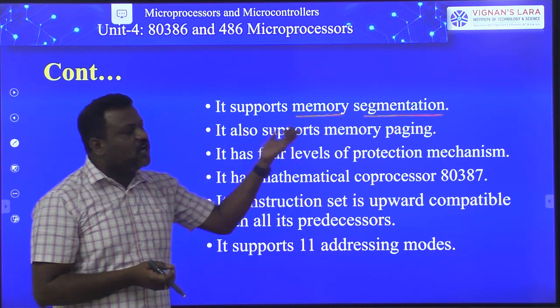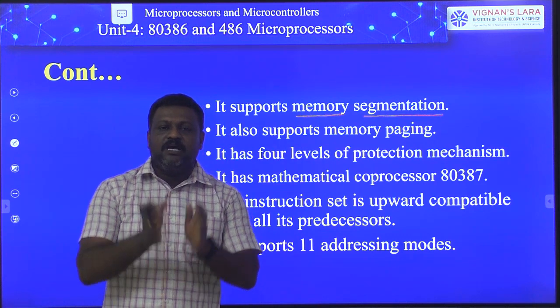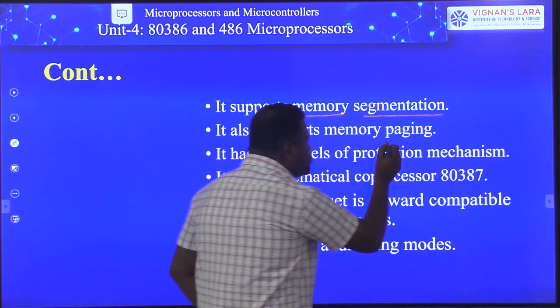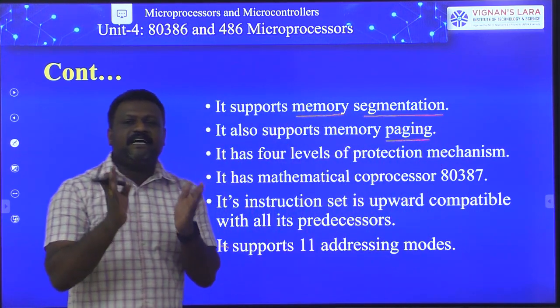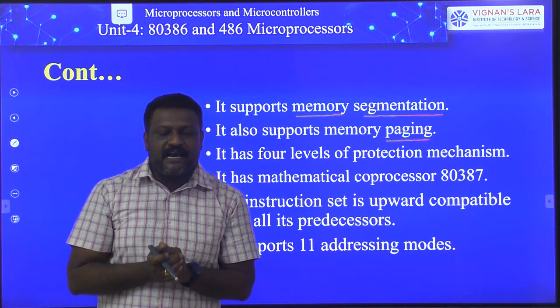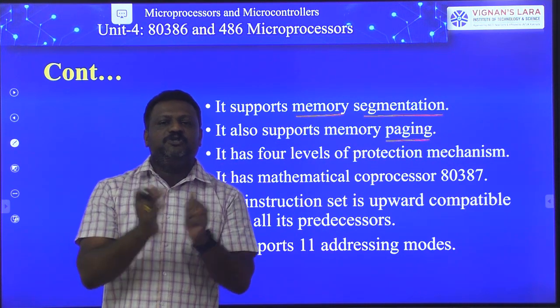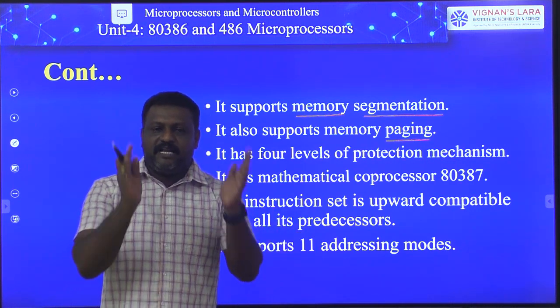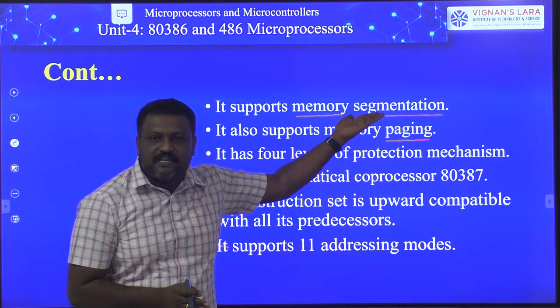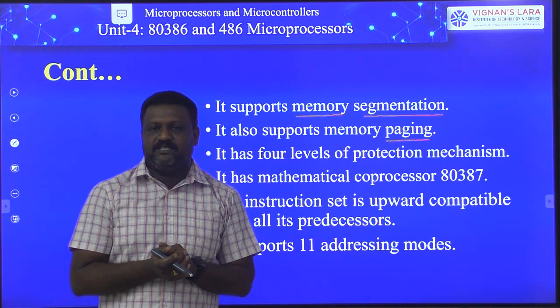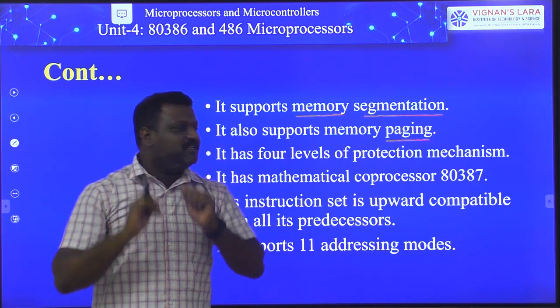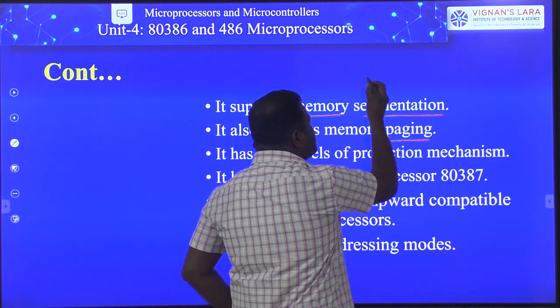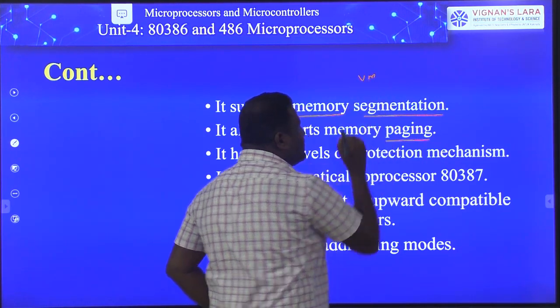And the next thing is it also supports a paging concept. You remember, friends, segmentation and paging both we consider as memory management concepts. If I want to effectively use the processor-supporting memory in my system, definitely I have to use the segmentation concept as well as the paging concept. So here, important thing, now listen friends, before the segmentation we have virtual memory.